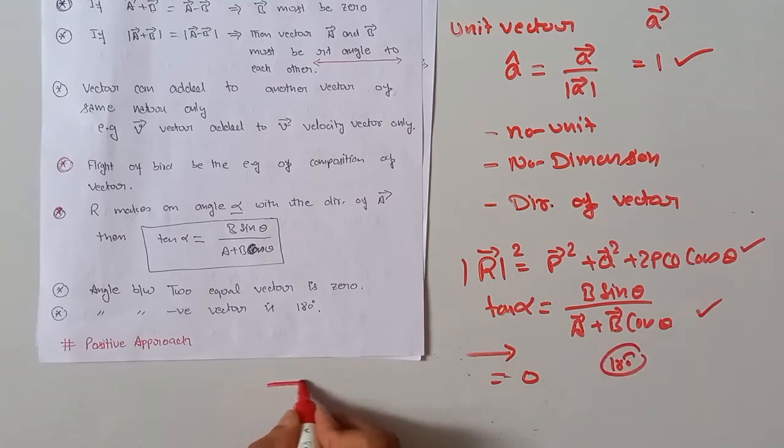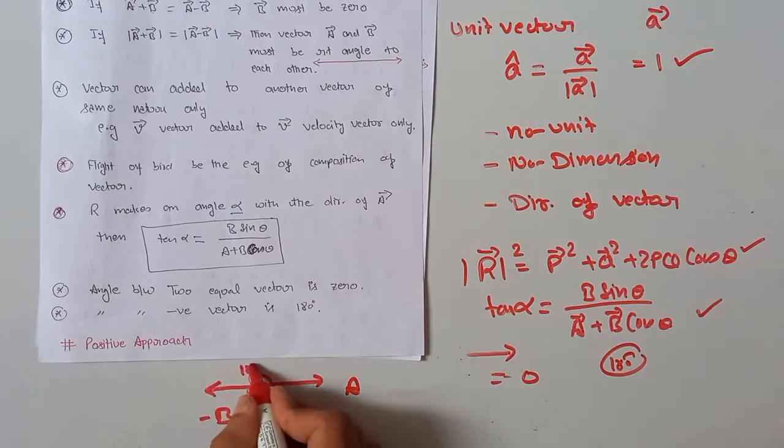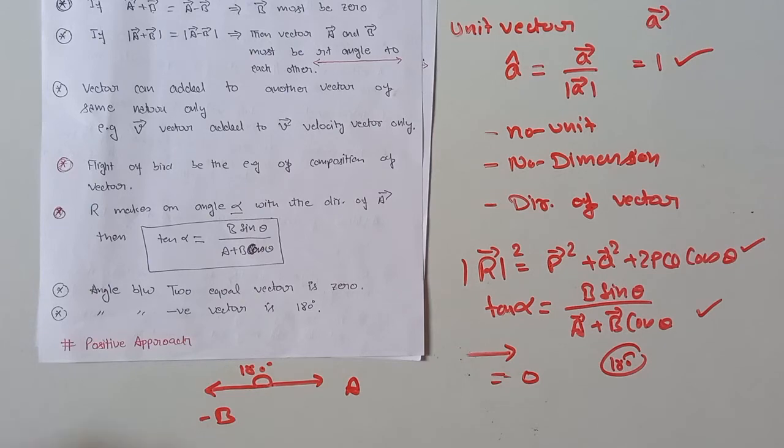Let this be vector A, and vector B is negative of vector A, opposite in direction with a negative sign. Here B is the negative vector of A, so there is an angle of 180 degrees.